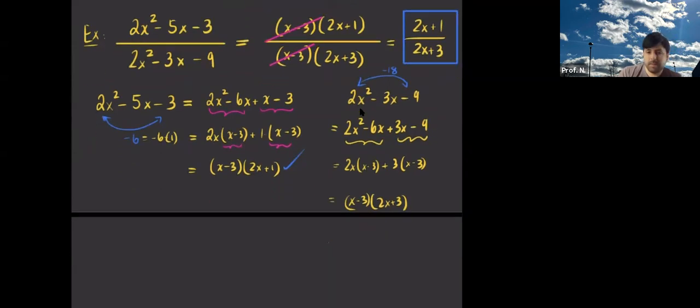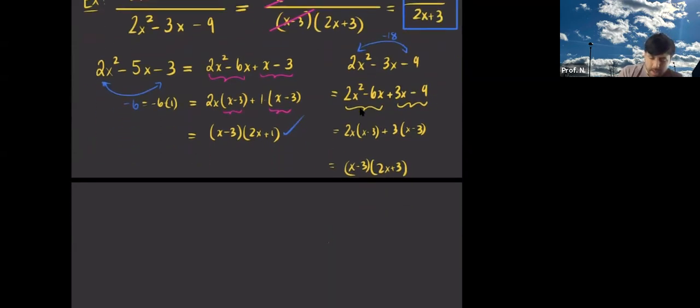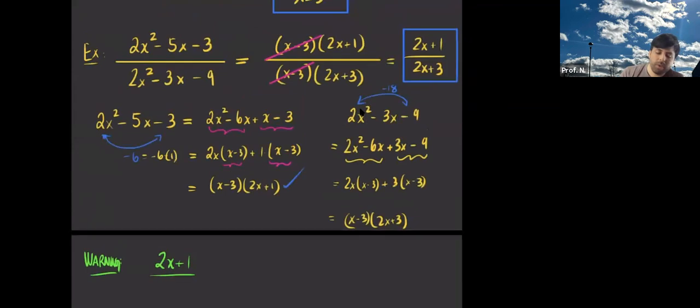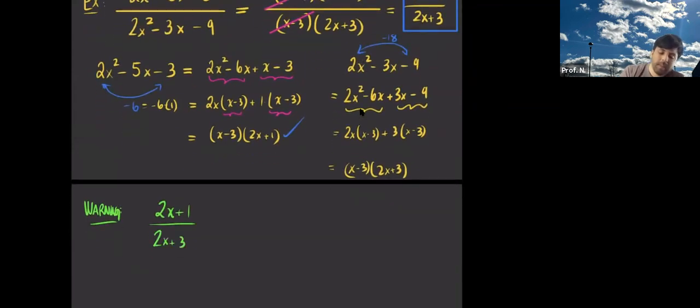Now, please, I beg you, because a lot of people make these mistakes, okay? Let me take this example here, 2x plus 1 over 2x plus 3, and let me just warn you all. This is not true. Just because you see two expressions that are the same in the numerator and denominator does not give you the right to cancel them out.